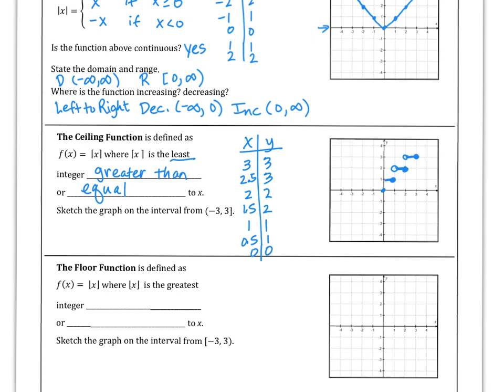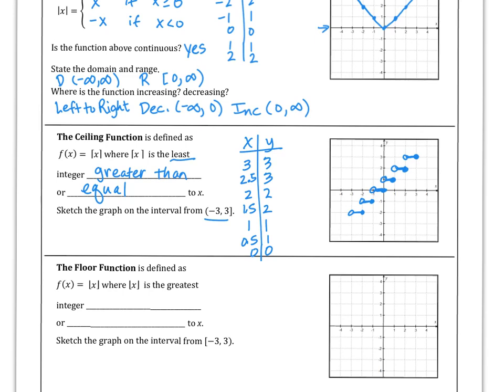Solid, a little line, open circle. And it repeats for as long as our domain says we need it. Let's see, we're going from -3 to 3. So we can continue this pattern and see where it's going to go. But notice the solid dots are at the points, the 1, 1, 2, 2, 3, 3, like that.